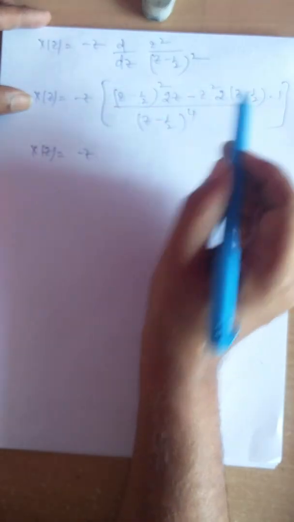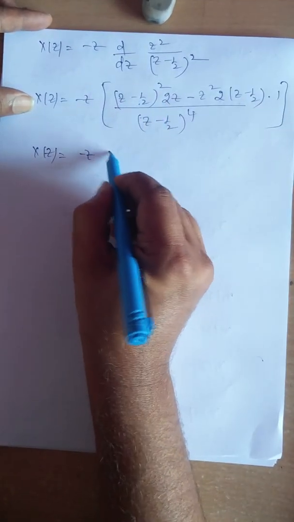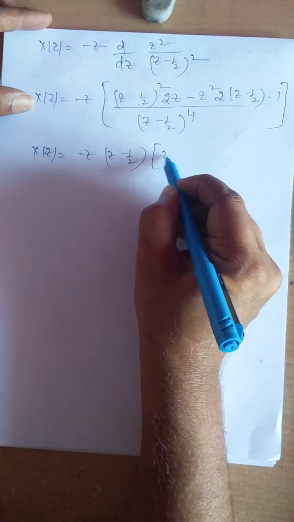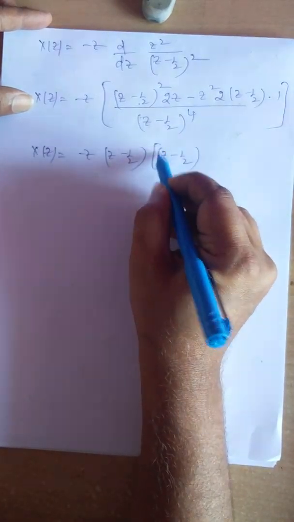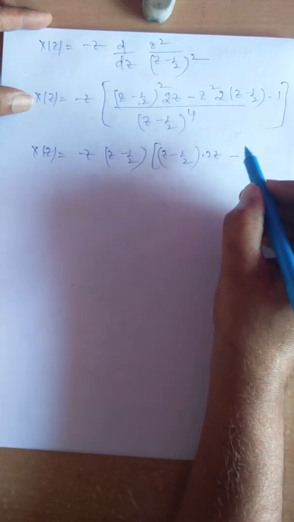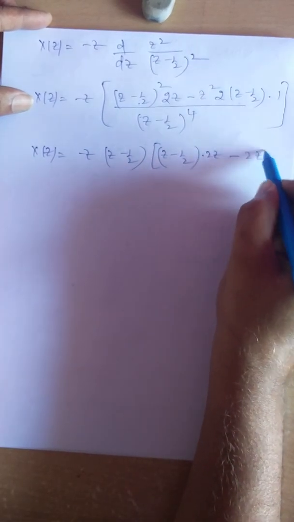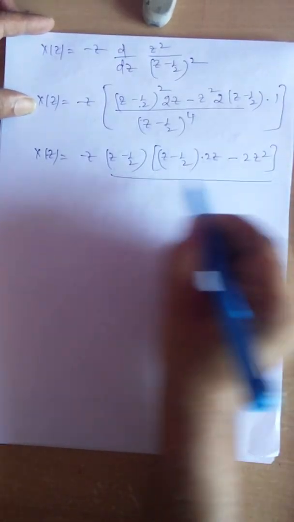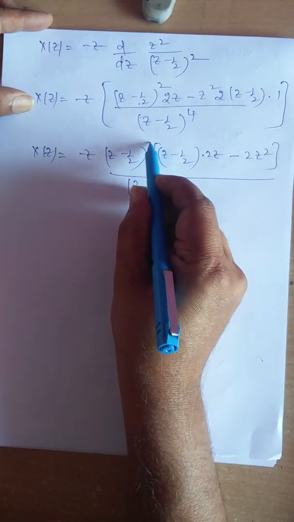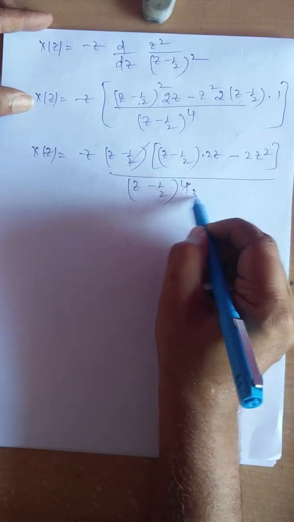In these two terms, z minus 1/2 is common, so we take it common. You get (z minus 1/2) into (2z minus 2z squared), all divided by (z minus 1/2) to the power of 4. This term gets cancelled and you get the power of 3 here.